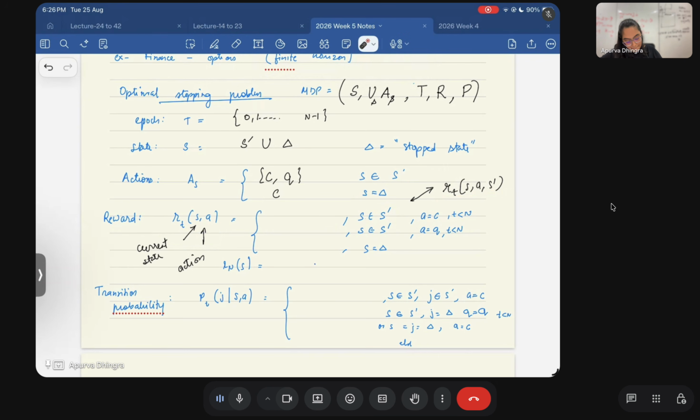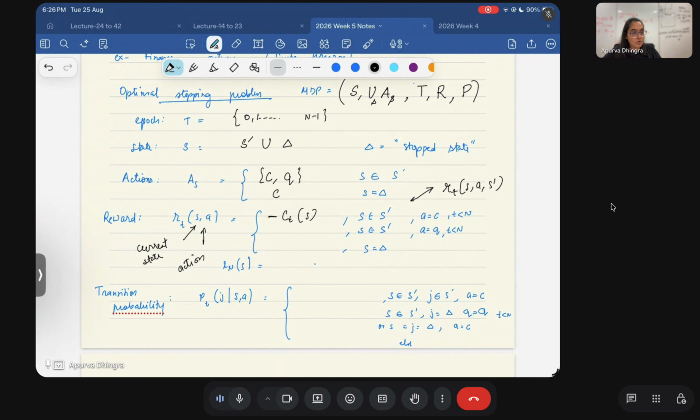Now, what kind of reward or cost you get depends on the kind of action that you're taking. Suppose in the current state, you are in the part where something can actually be done. Then, if the action that you take is to continue, meaning you're staying in that Markov state, that means you will incur a cost. So this is minus c_t(s) that we saw earlier.